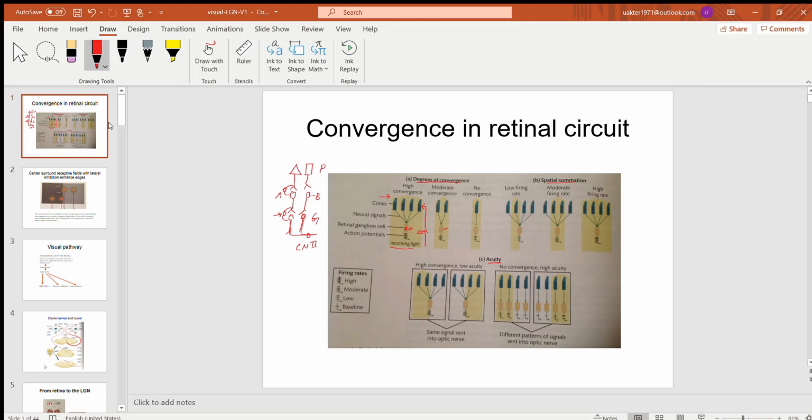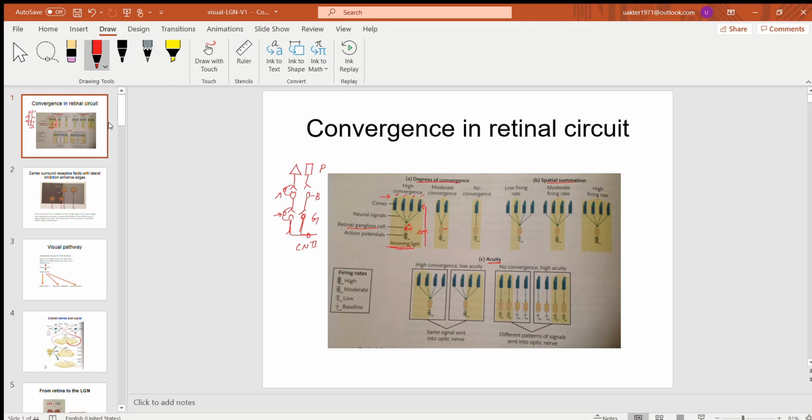So here this incoming light stimulates all these photoreceptors, okay? And all these photoreceptors are converged on this retinal ganglion cell, so on this single ganglion cell.